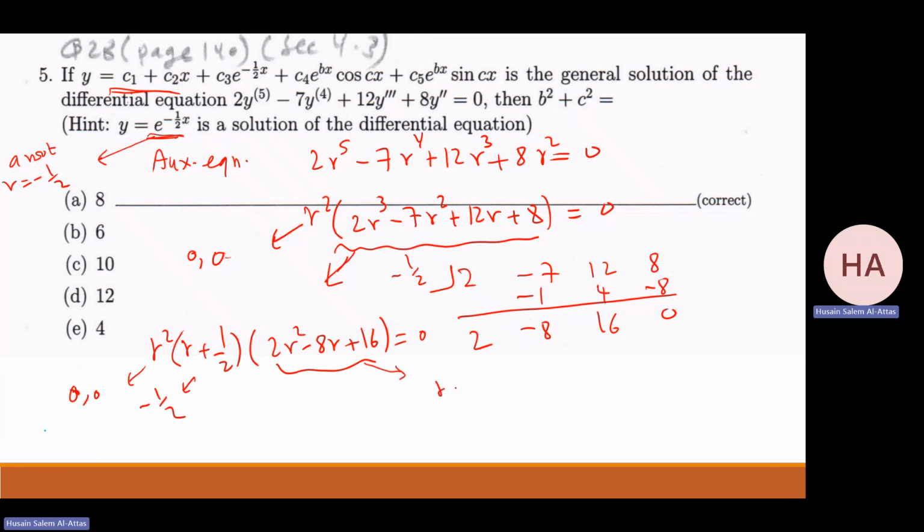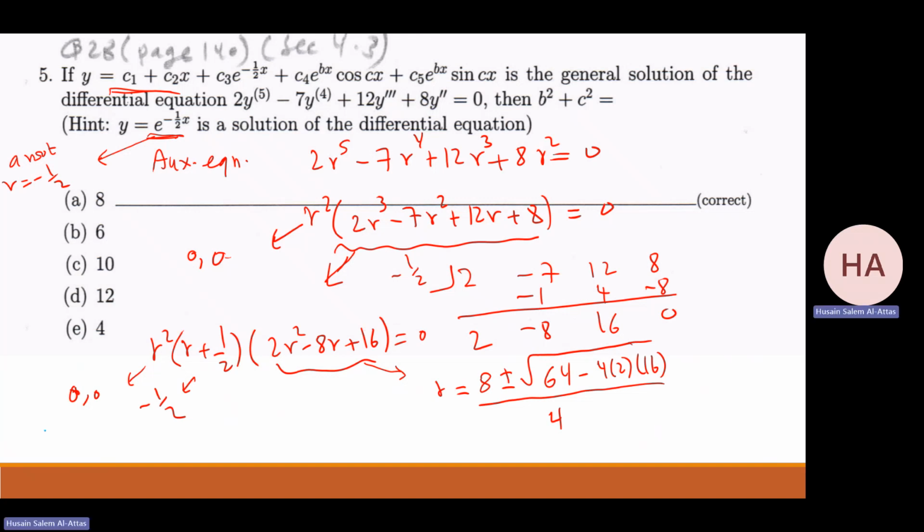So I have r equals minus b, 8, plus or minus the square root of b squared, 64, minus 4ac, 4 times 2 times 16, over 2 times 2, which is 4. Okay.